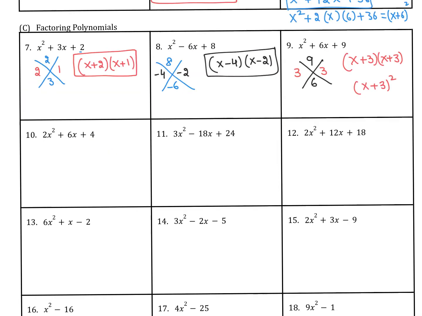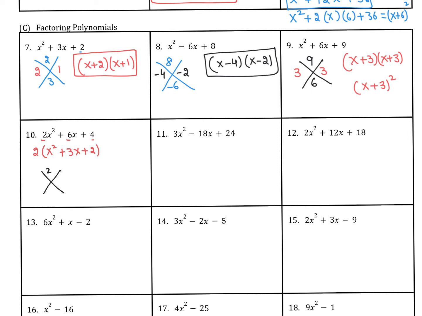For number 10, you can see that the 2 is common between all the terms. Factoring does not always mean that you just do the cross method all the time. You can also take out the 2, the GCF, and inside you got x squared plus 3x plus 2, and now you're going to make the cross method for the inner term.